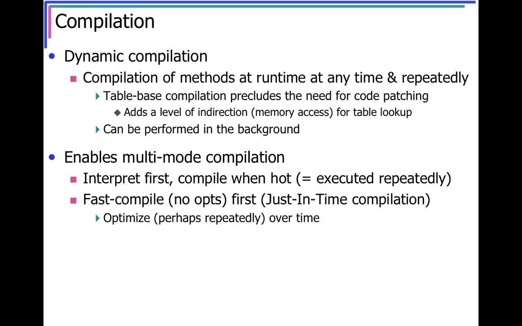Dynamic compilation also enables multi-mode compilation, which is exactly what Jikes RVM does to take advantage of dynamic compilation and to reduce its overhead but achieve its gains. The idea here is we're going to at first interpret or fast compile methods when they're first invoked so that we don't impose a lot of overhead and so that we can decrease the cost of starting up a program.